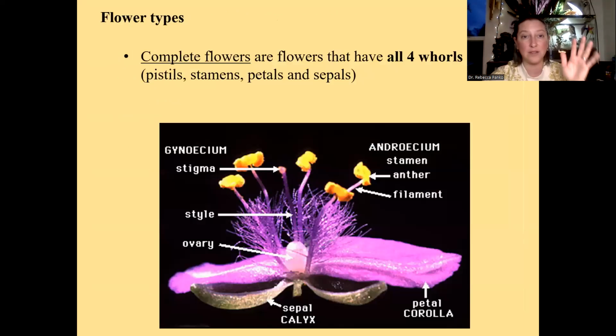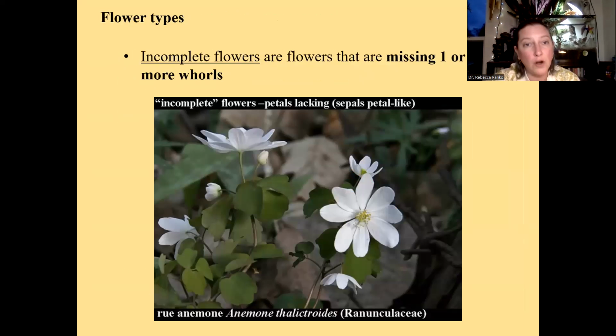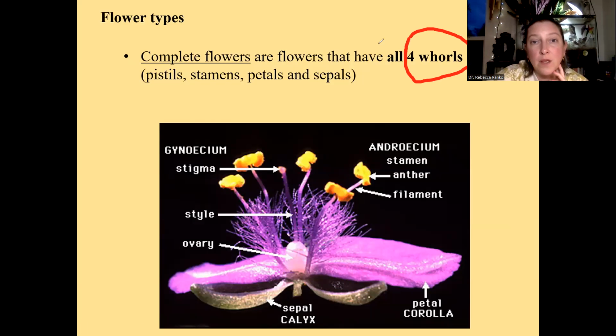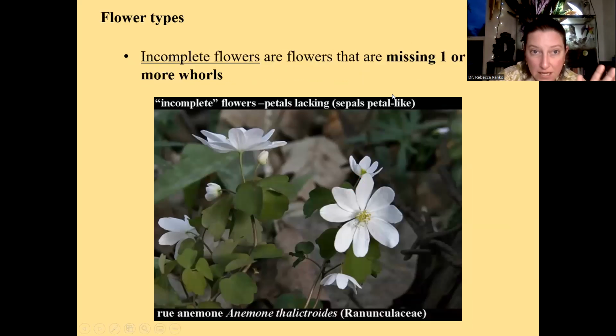If the flower has all of those things, it's called a complete flower. If it's missing 1 or more of those things, it's called an incomplete flower. So when you think of the words complete versus incomplete, I want you to think of whorls. Complete flowers have all the whorls. Incomplete flowers are missing one or more whorls.